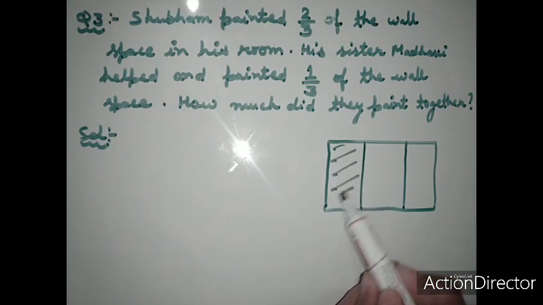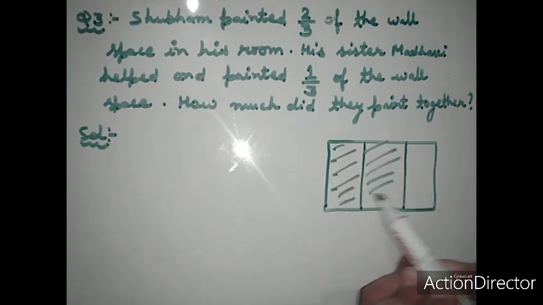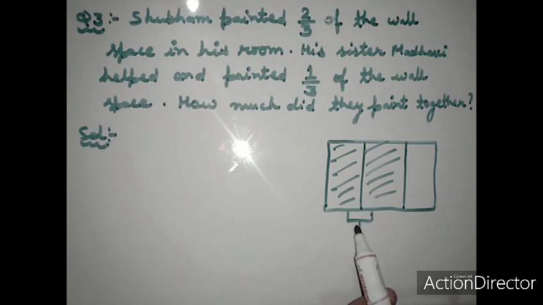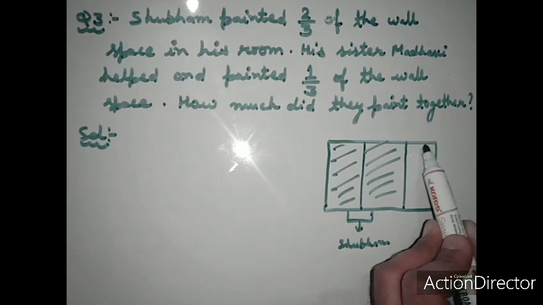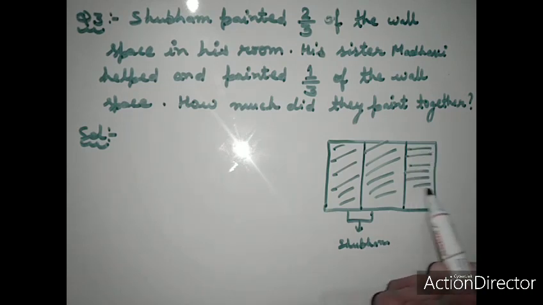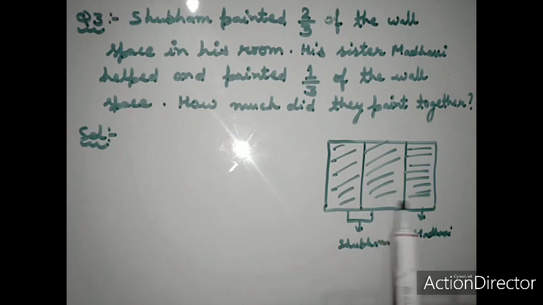So these 2 parts painted by Shubham, right? And this one part painted by Madhavi, his sister. So they painted the complete wall, right? 2 parts painted by Shubham and 1 part painted by Madhavi.